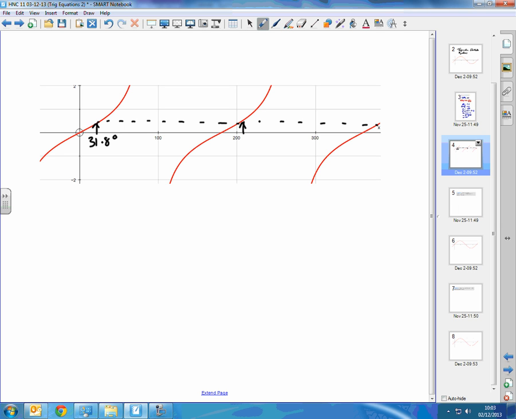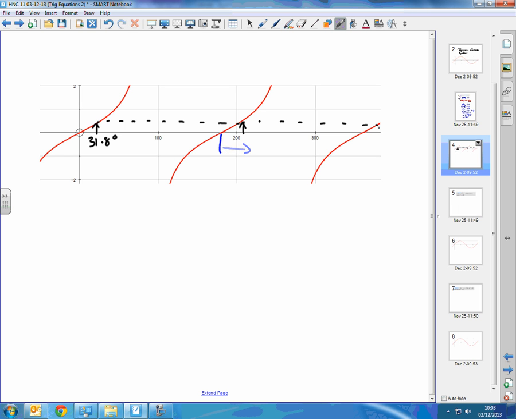So to get that, we look at the symmetry of the function, and you'll see that this wave is exactly the same as this wave. So if that's 31.8 degrees further on than 0, then this will be 31.8 degrees beyond this point, and this point here is 180 degrees.